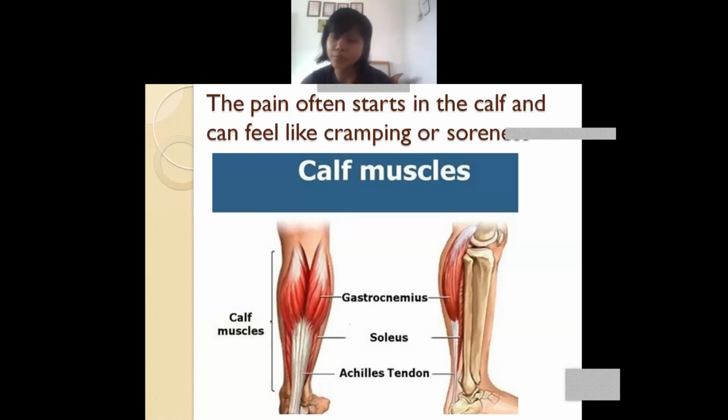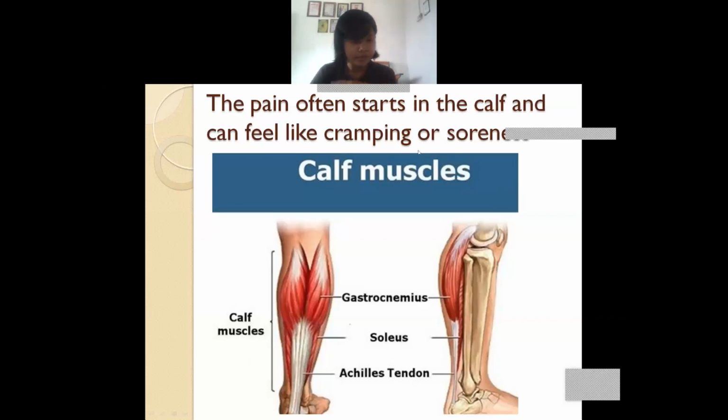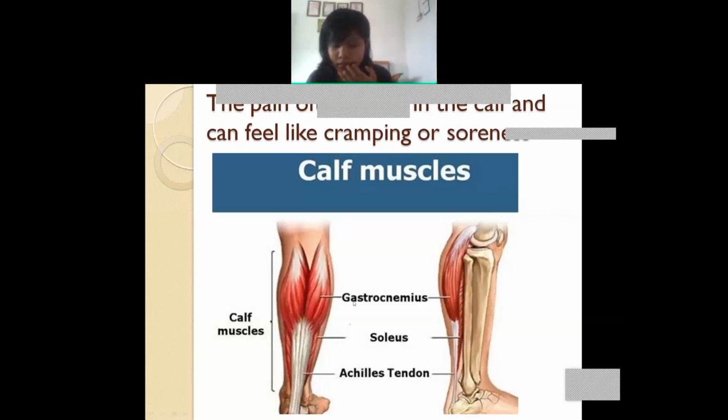Understand? In the DVT area, meaning the deep vein thrombosis area, in the affected area, the muscle will pain. That is the calf muscle. Is it clear till this area?